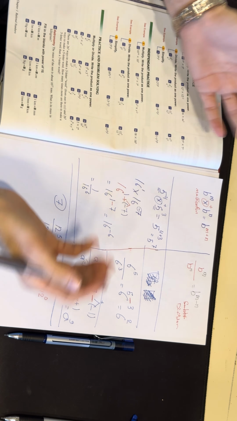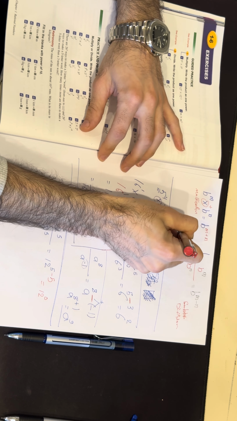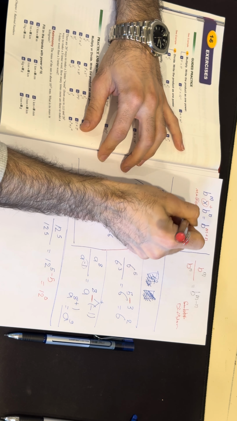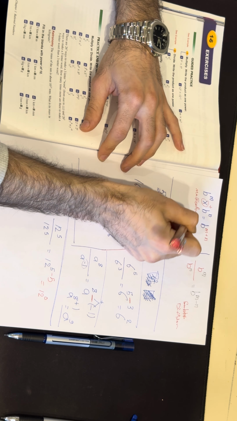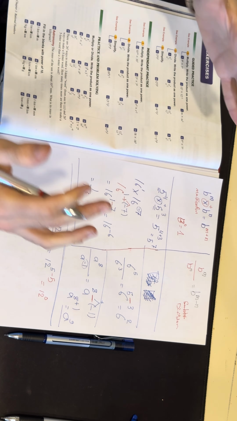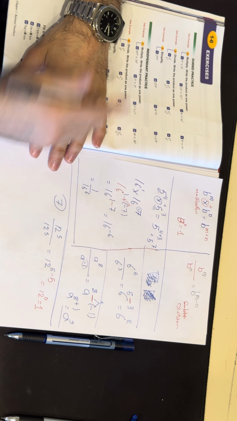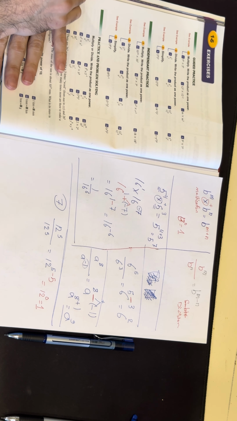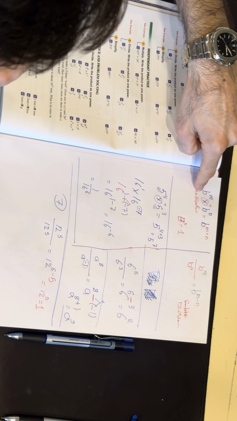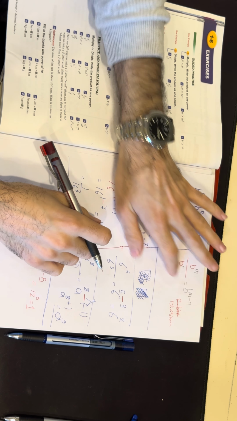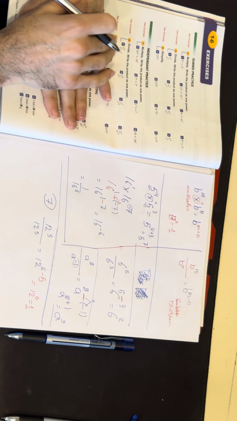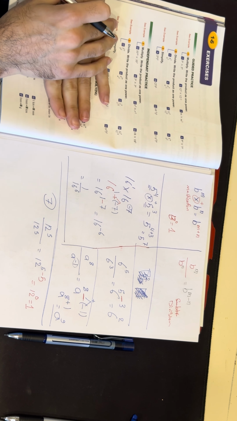Anything's power 0, we already studied this one. Anything's power 0 is equal to 1. So let's say b power 0 is equal to 1, so that means this one also will be 1. That's how you're going to solve this kind of question. So these two cases, this one is for multiplication, this one is for division. That's how you're going to solve it, and we already explained it.